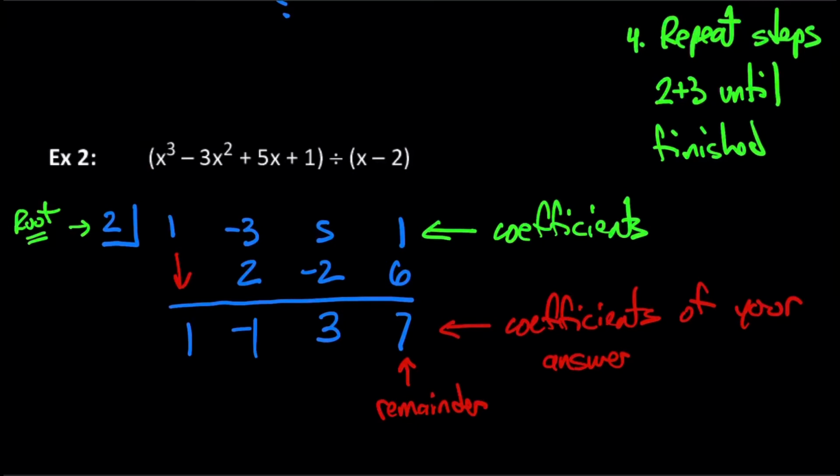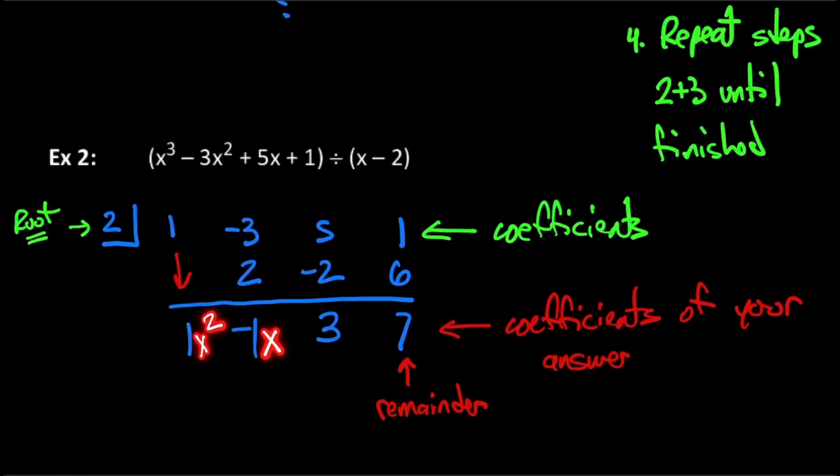Notice what this says. Take this cubic polynomial, divide it by this binomial. So what type of answer do they want? They want another polynomial. How do you get it? Well, these numbers right here will give you the coefficients of your answer. If I take a cube and I divide it by an x, I'm left with an x squared.